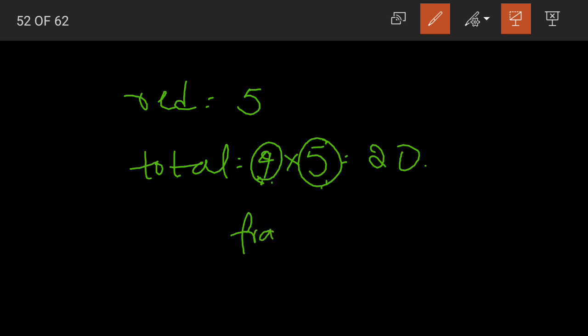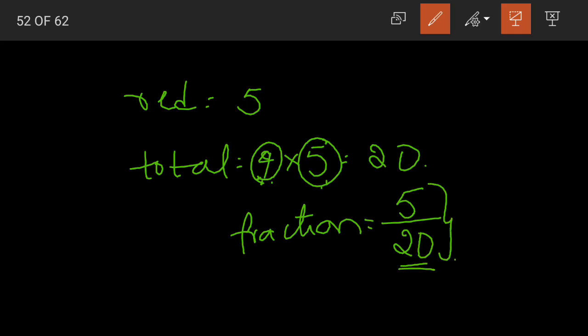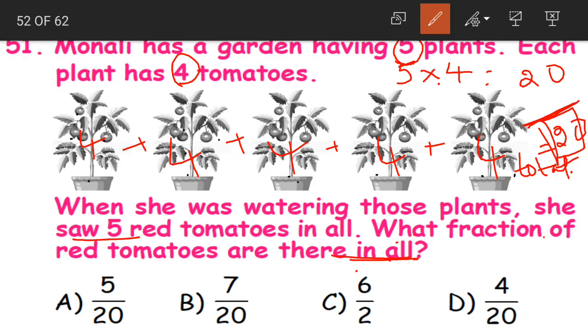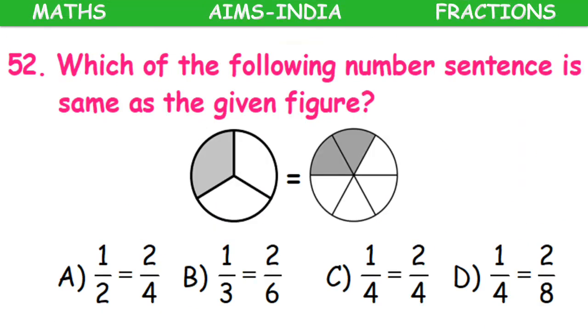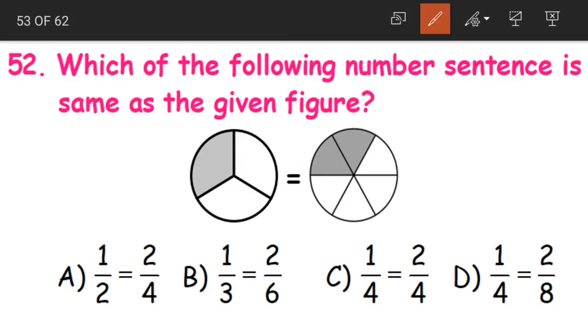There are only 5 red tomatoes out of 20 tomatoes. So 5 by 20 becomes our fraction. That is nothing but our option A.